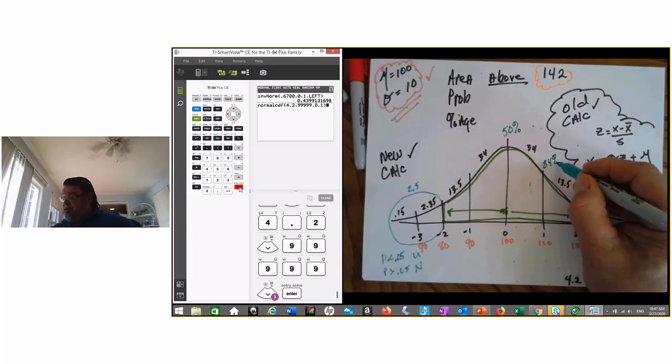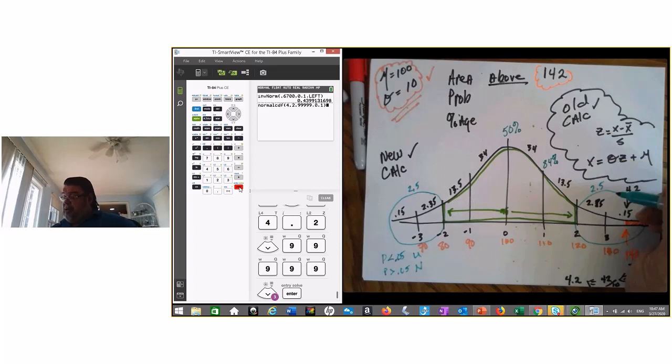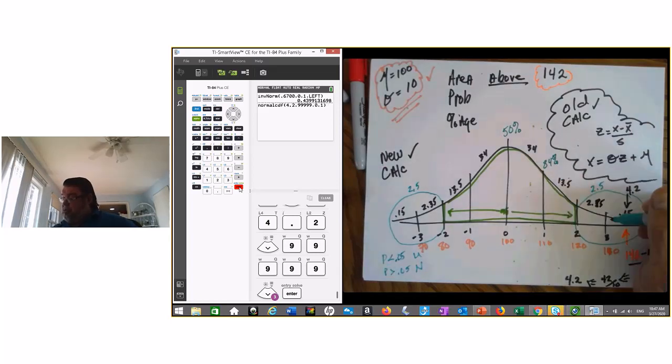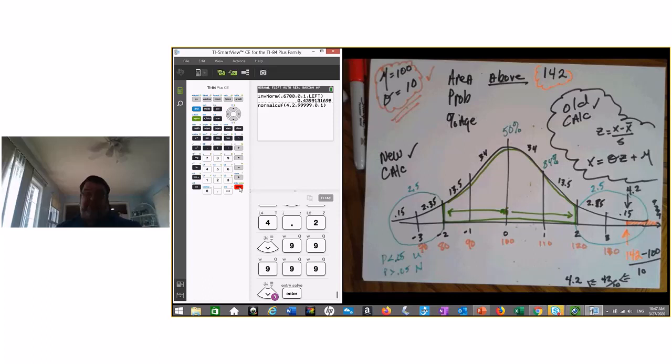We know 16 plus 84 is 100. Well, it's 99 point something, 85? This would be a very, very small area, like 0.001 or something like that. So let's go ahead and hit enter.